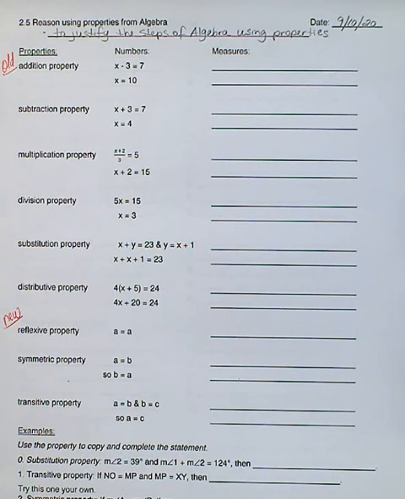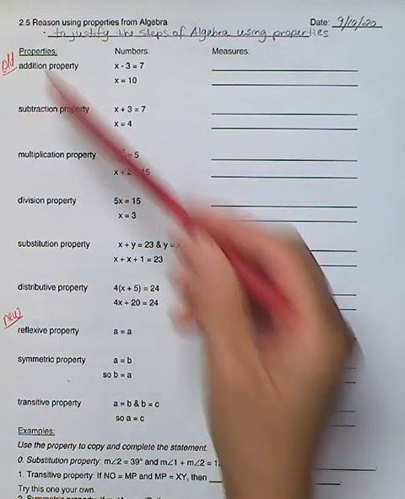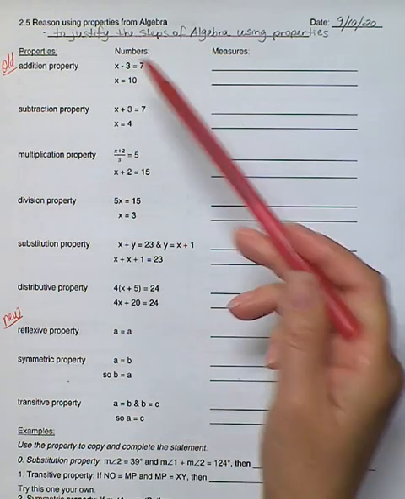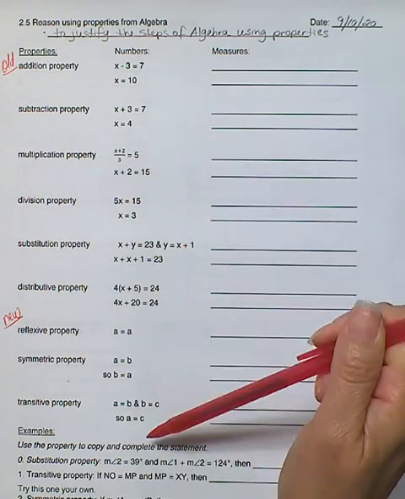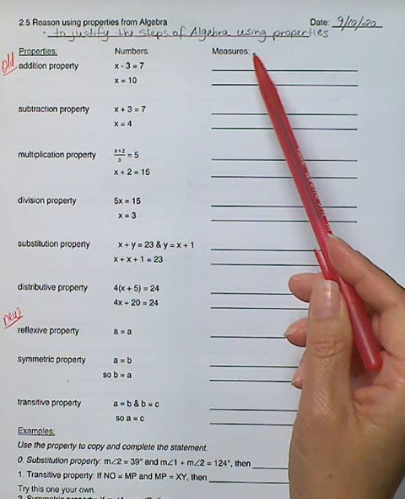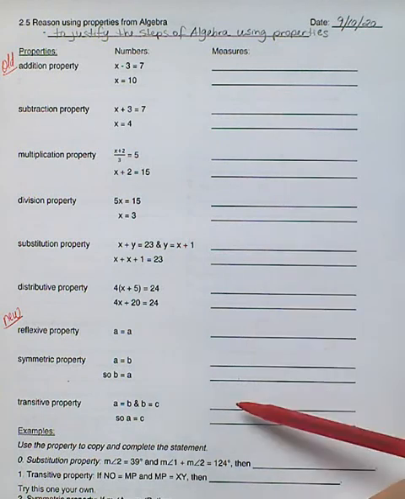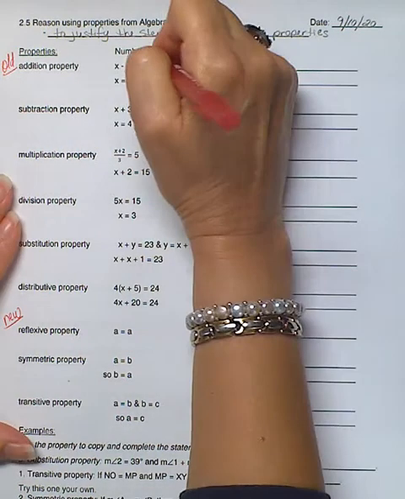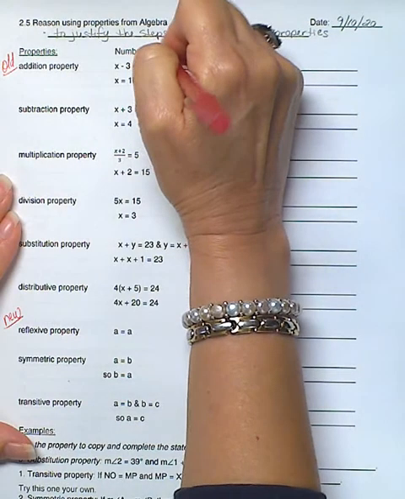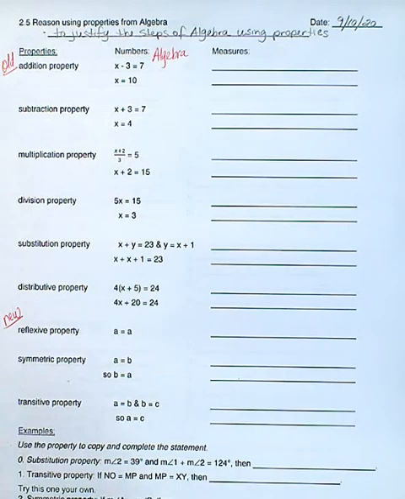You'll notice the first column is the property, the second is an example using numbers, and the last column is an example using measures. Numbers is another way of saying this is what it looked like in algebra, and a measures example is what it would look like in geometry.